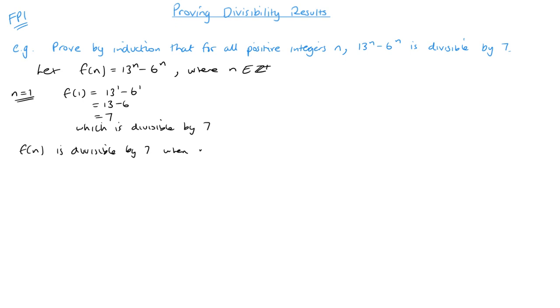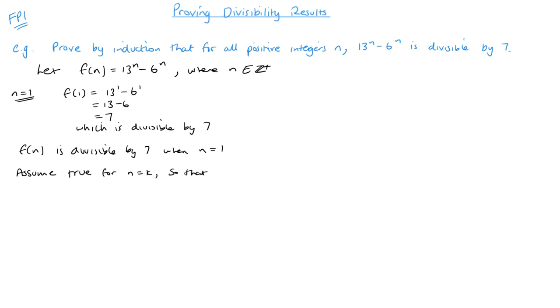when n equals 1. Now we do the assumption part, so assume true for n equals k. So we proved it for 1, we're going to assume it's true for k, for all values.